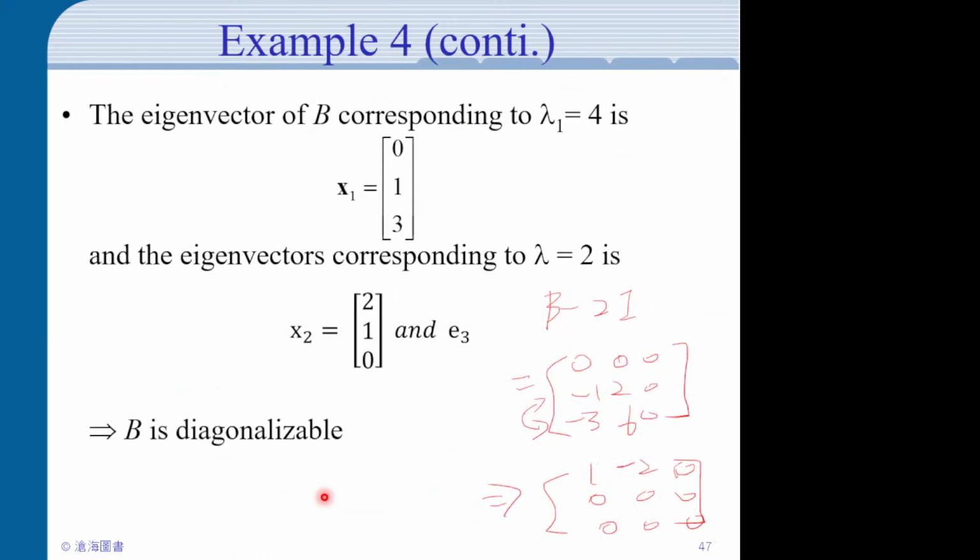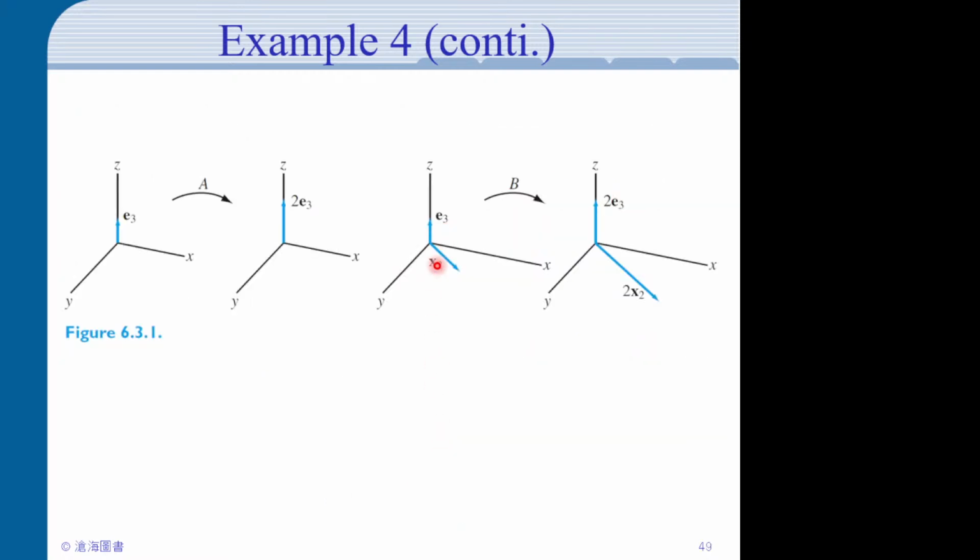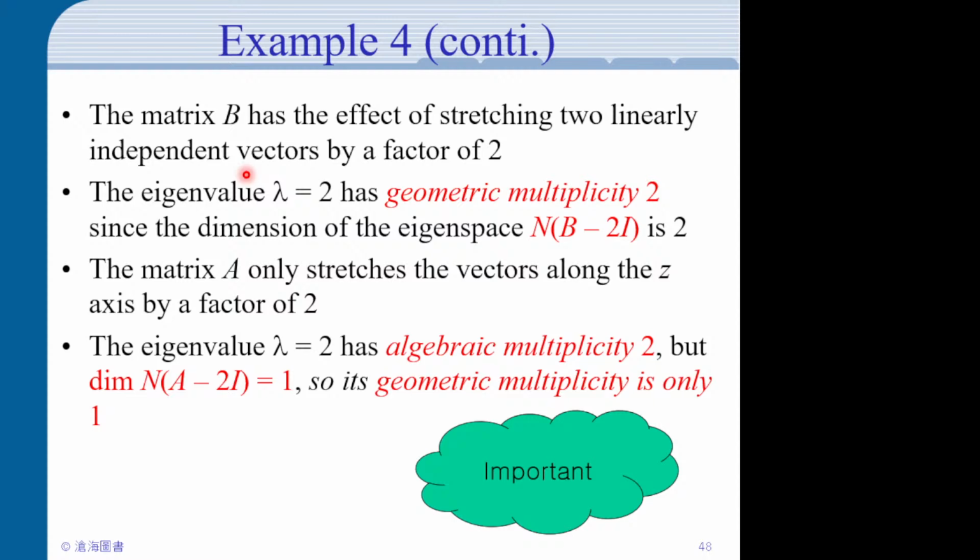It's hard to describe. So for A, you will stretch E3 by 2, and you will stretch E2 by 4, and when you apply it on E1, then you will do something funny. A defective matrix is really funny.